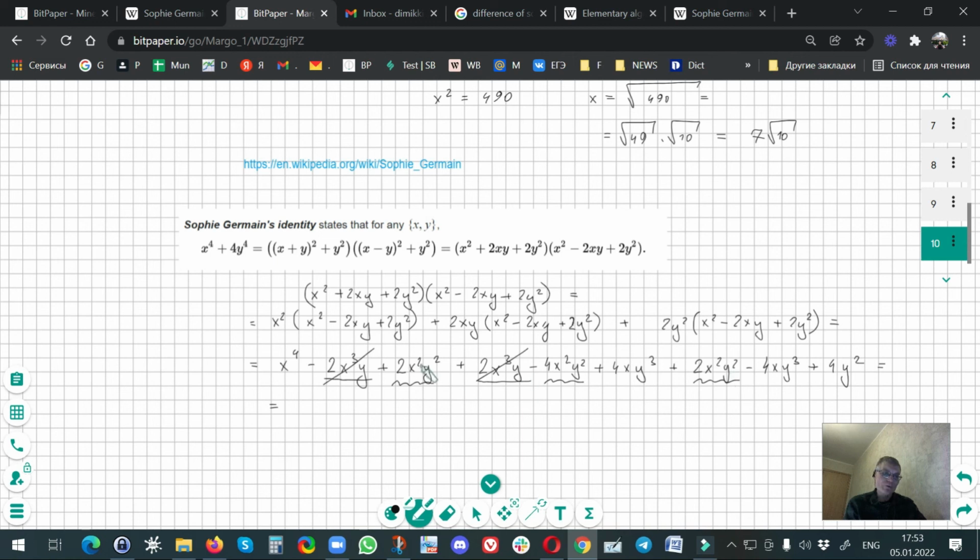So that also cancels. And finally, by double lines, I underline y cubed, and I see that they also cancel. And I arrive at the final result.